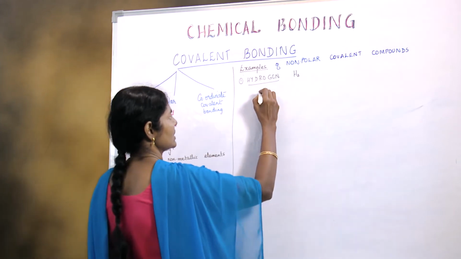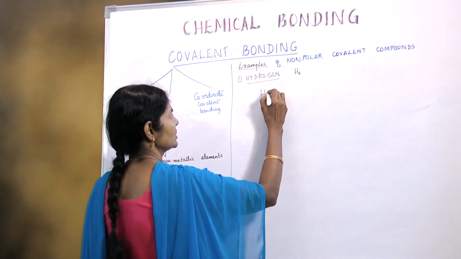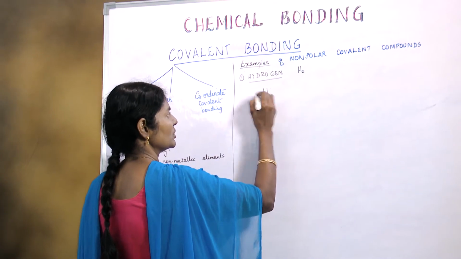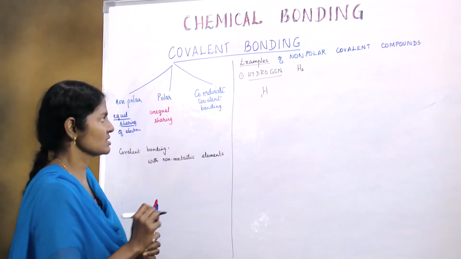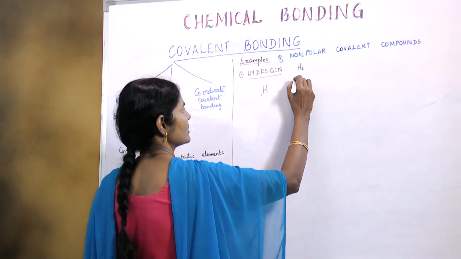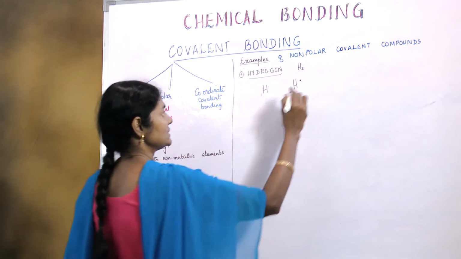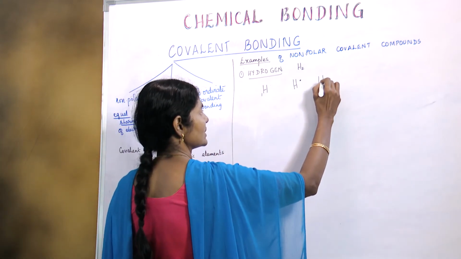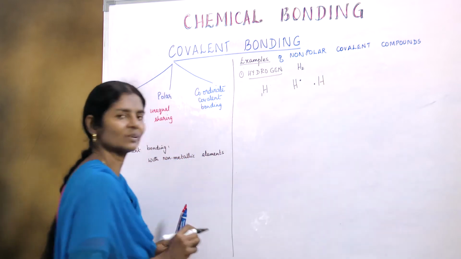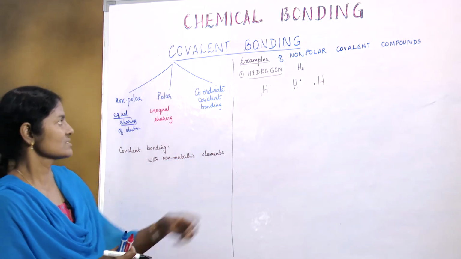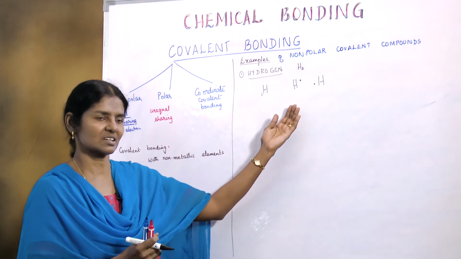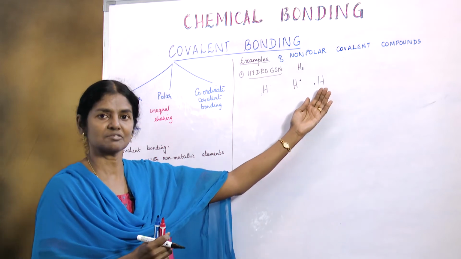See, let us take hydrogen. There is only atomic number 1, which means there is only one electron in itself. Let us take one more hydrogen atom that also has only one. It is like supposing I have a chemistry textbook and my friend has a physics textbook.